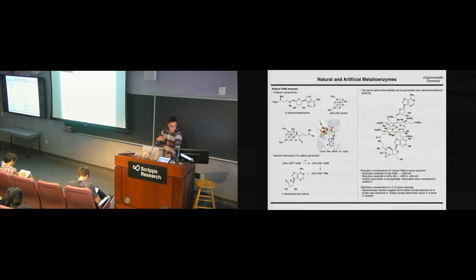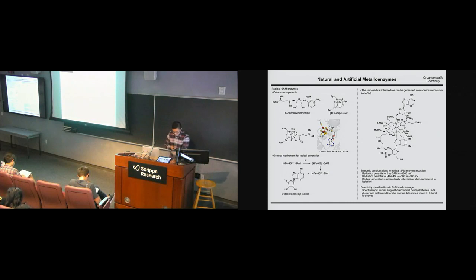Based on this energetics, if you just subtract one from the other, you'll find that radical generation by simply coupling the reaction between free SAM and iron-sulfur would be unfavorable. So it's been thought that this binding motif can actually lower the activation energy for the homolytic cleavage.